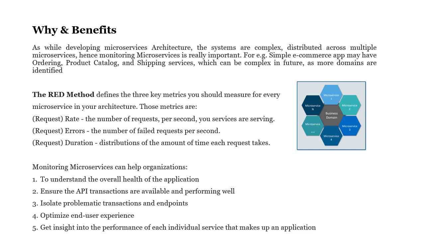So why an API has failed or what is the reason for that. Then D is duration, which is the distribution of the amount of time each request takes. Each request may have a different distribution based upon the time it will take.